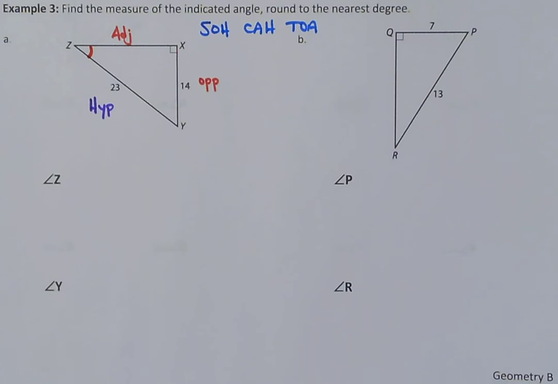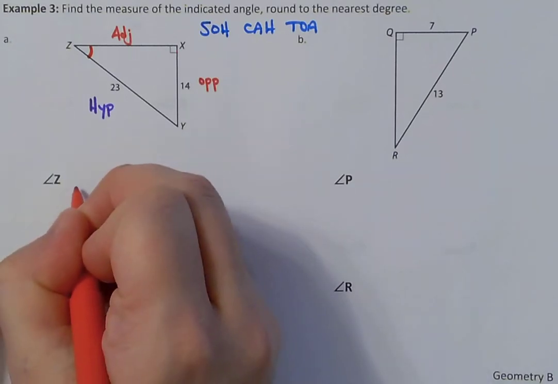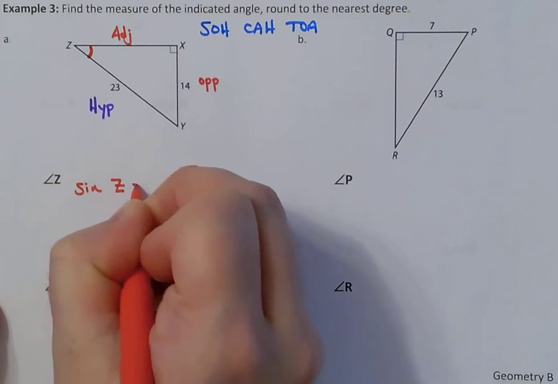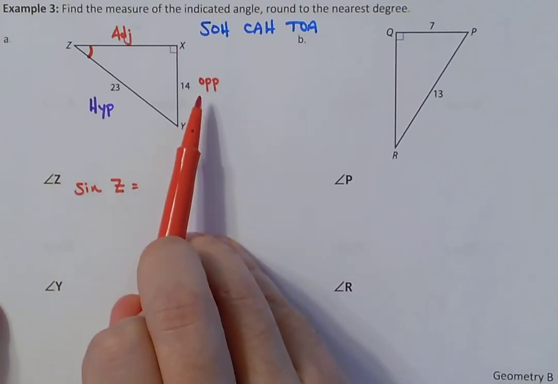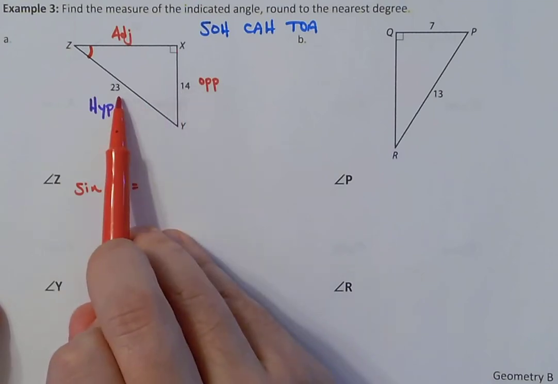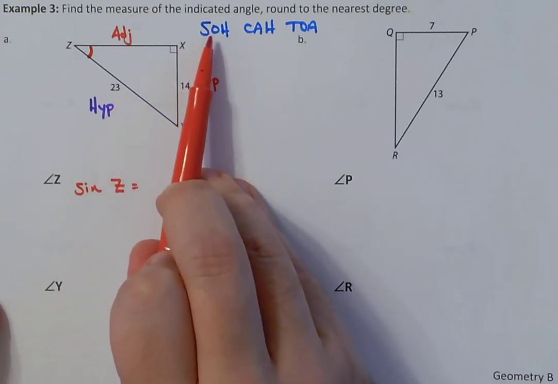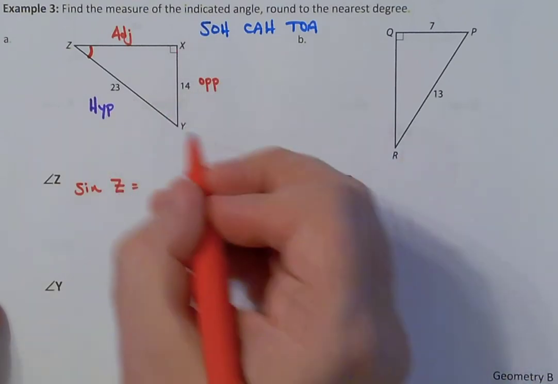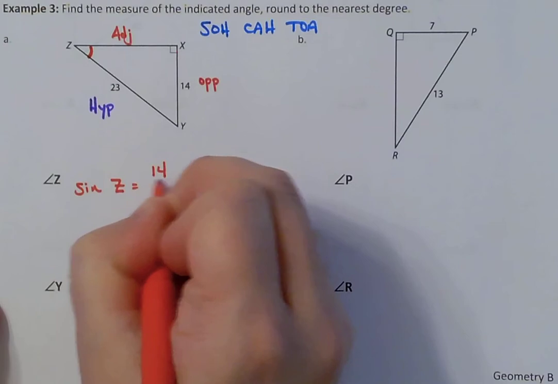The only one that uses H and O is sine, so we're going to do sine of Z, opposite over hypotenuse. Sine is opposite over hypotenuse. The opposite is 14, hypotenuse is 23, so 14 over 23.